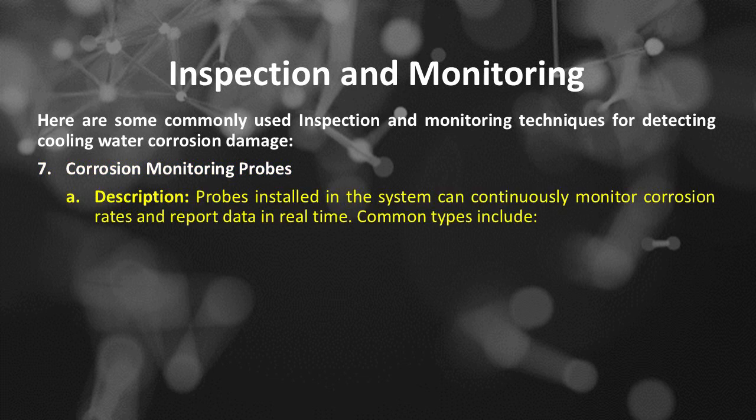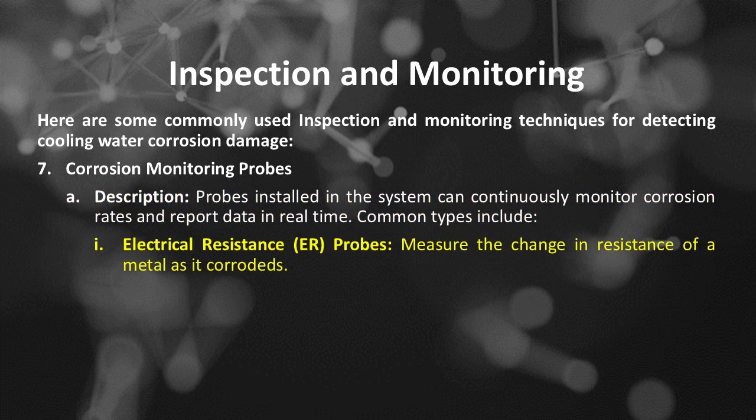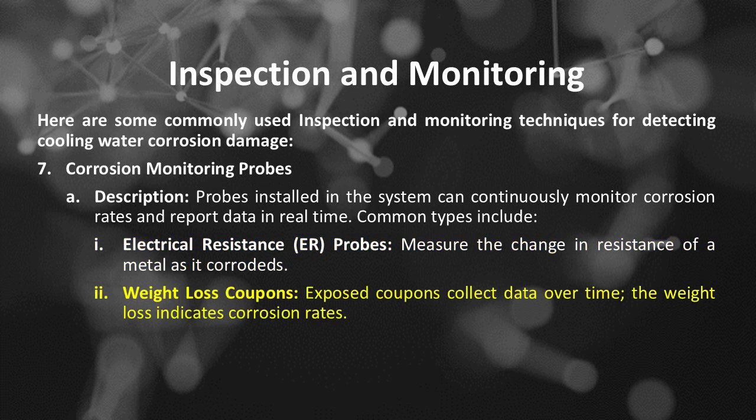Number 7 is corrosion monitoring probes. Probes installed in the system can continuously monitor corrosion rates and report data in real time. Common types include electrical resistance, or ER, probes, which measure the change in resistance of a metal as it corrodes. Weight loss coupons: exposed coupons collect data over time, and the weight loss indicates corrosion rates.